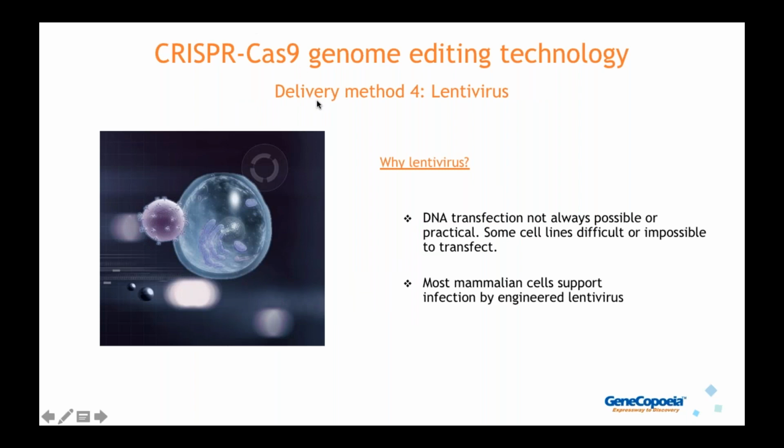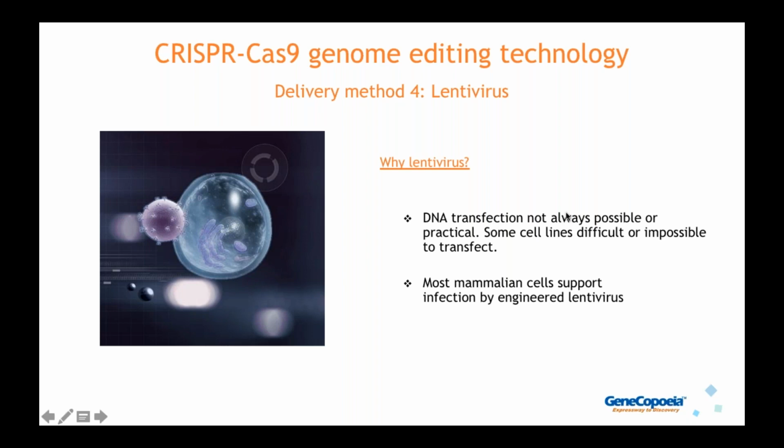Okay, the next delivery method I wanted to talk about is lentivirus. So I pose the question here, why lentivirus? Well, there are a lot of different situations where you might want to use lentiviral delivery instead of either plasmid or RNA or protein transfection. Number one is that DNA transfection is not always possible or practical.